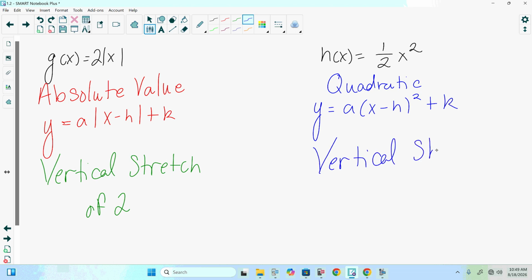Vertical shrink, because the value of a is between 0 and 1. 1/2 is between 0 and 1. So it's a vertical shrink. Questions on this here? We good with this so far? Are you ready for the next one?